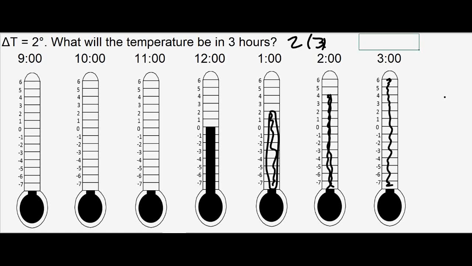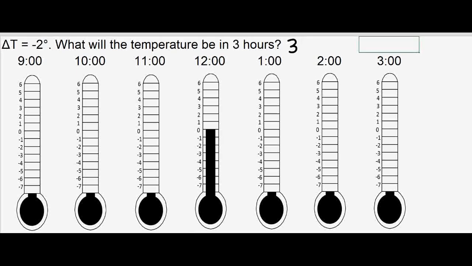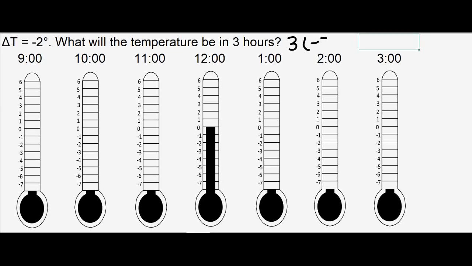And apart from the parentheses, that's just what we remember from elementary school. But now we can think about, now I have 3 hours. The temperature is going down 2 degrees every hour. In 3 hours, it will be 3 times -2.